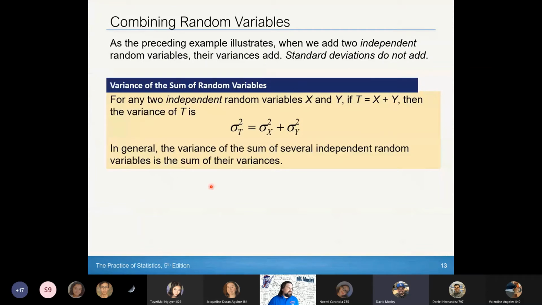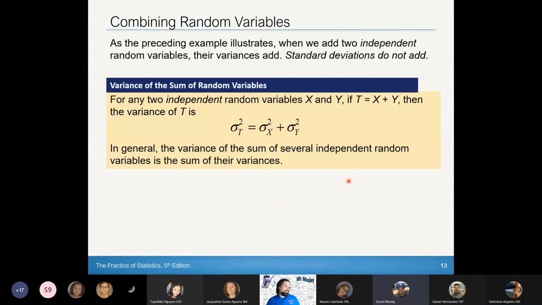So we get this concept. The variance of the sum of random variables: for any two independent random variables, again, independent, x and y, if t equals x plus y, then the variance of t equals the variance of x plus the variance of y. In general, the variance of the sum of several independent random variables is the sum of their variances.